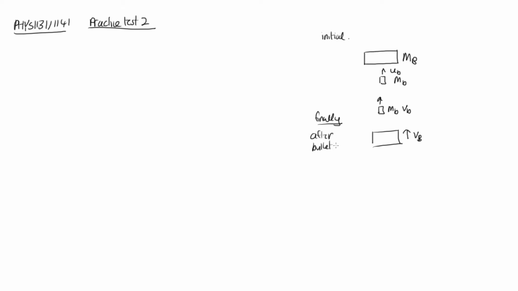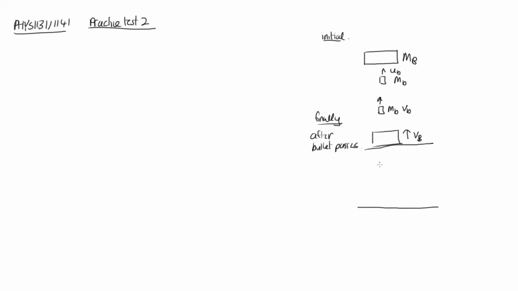bullet passes. But in this question, we're asked about what happens to the block. How high does it rise above the table? So after the block starts to move upwards, it's going to keep moving upwards. So this is just as it leaves the table.